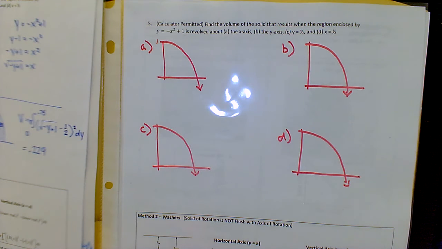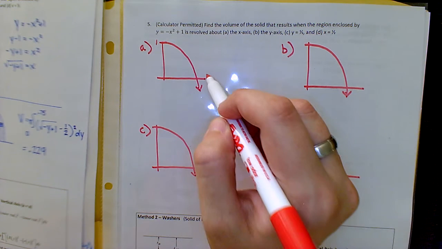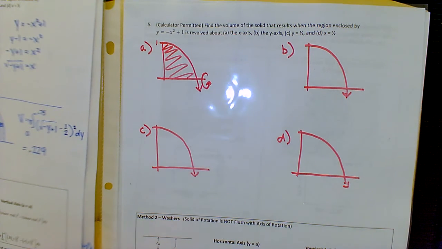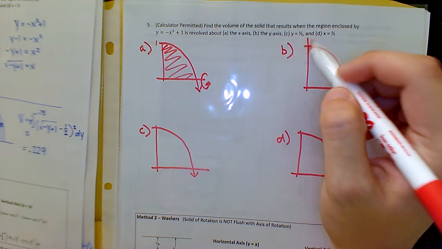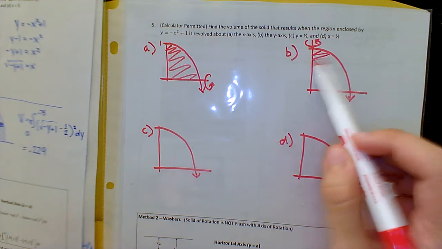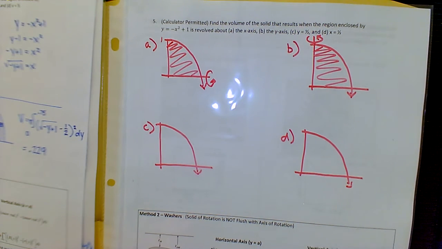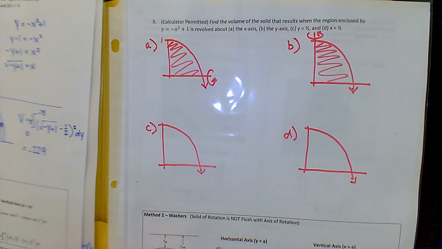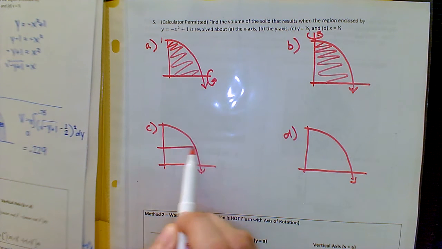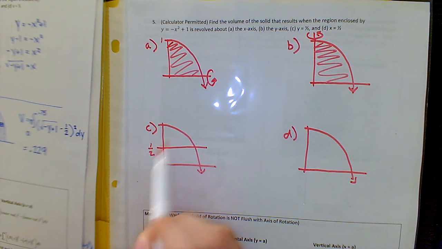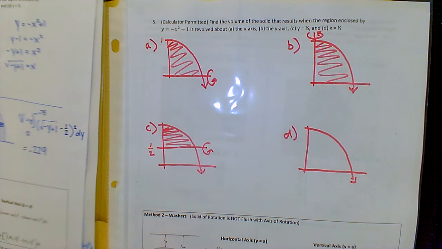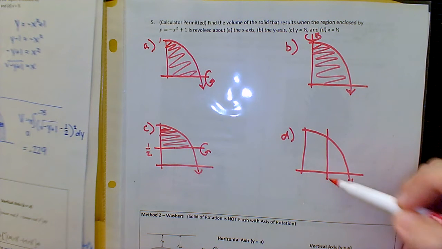So in part A, we're revolving that area around the x-axis. In part B, we are revolving around the y. In part C, we have the equation y equals a half. And then in part D, we have x equals a half.